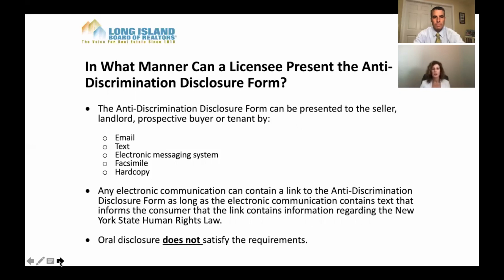Any electronic communication can contain a link to the Anti-Discrimination Disclosure Form as long as the electronic communication contains text that informs the consumer that the link contains information regarding the New York State human rights law. Oral disclosure does not satisfy the requirements.